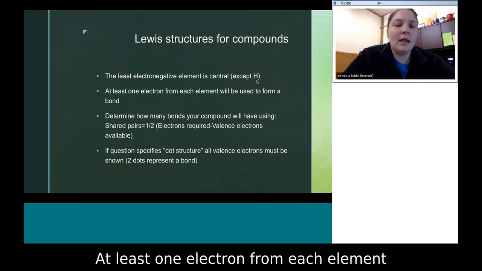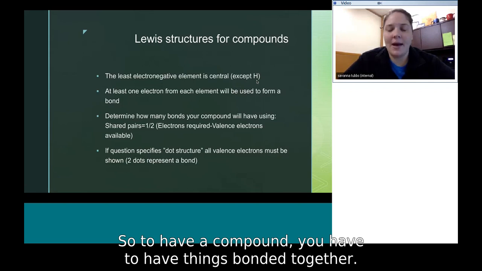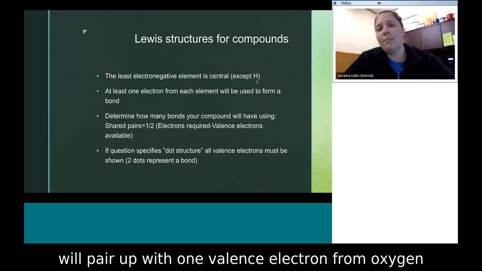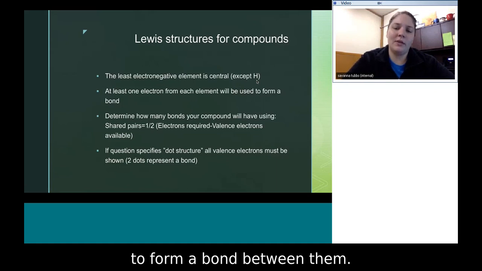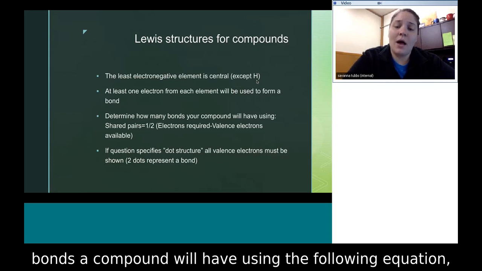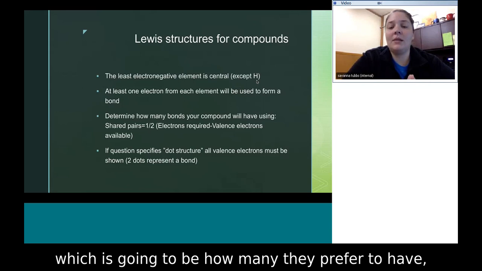At least 1 electron from each element will be used to form a bond. So to have a compound, you have to have things bonded together. So the 1 valence electron from the hydrogen will pair up with 1 valence electron from oxygen to form a bond between them. And then we can determine how many bonds a compound will have using the following equation, which is shared pairs equals 1/2 times the electrons required, which is going to be how many they prefer to have.